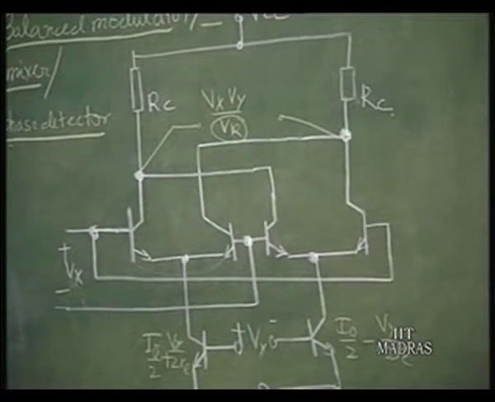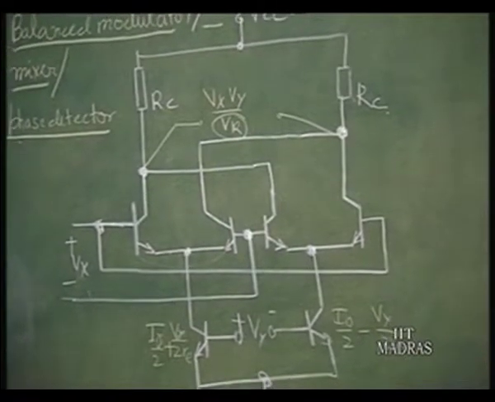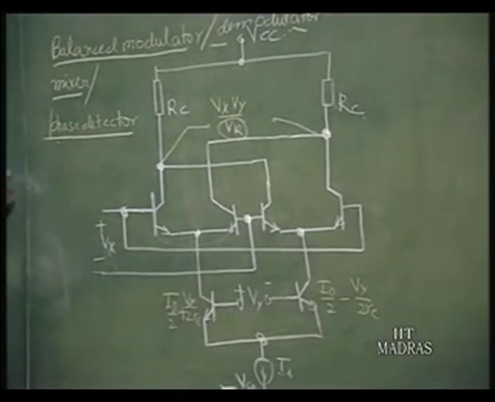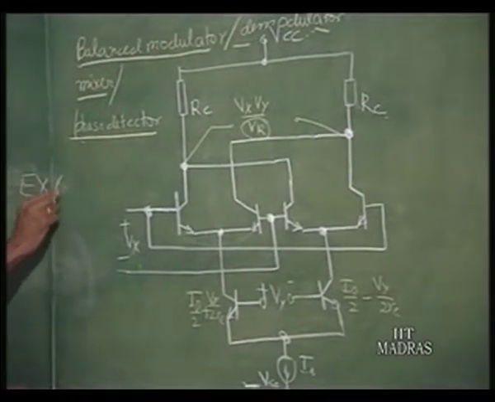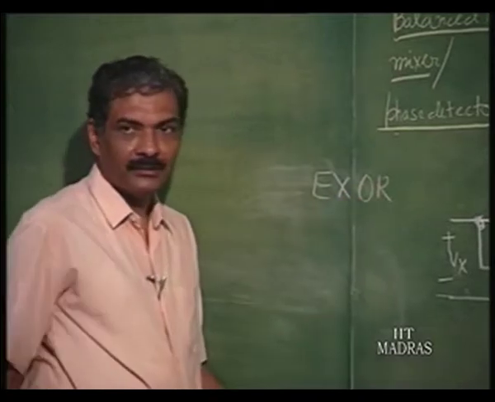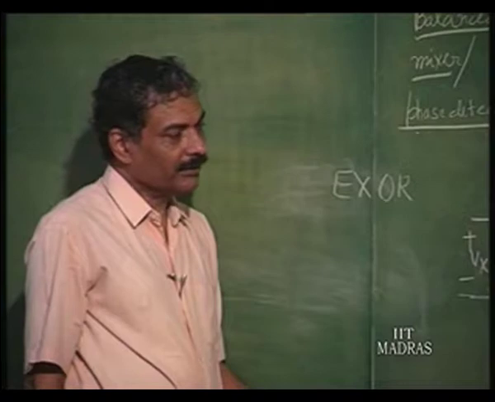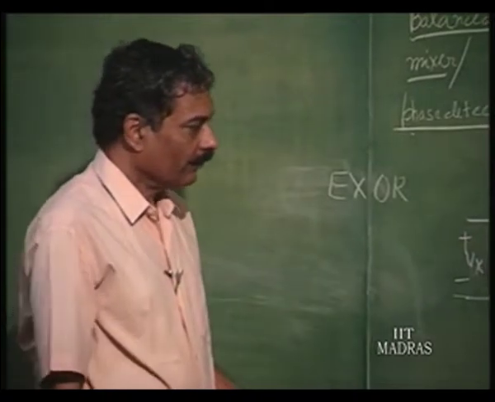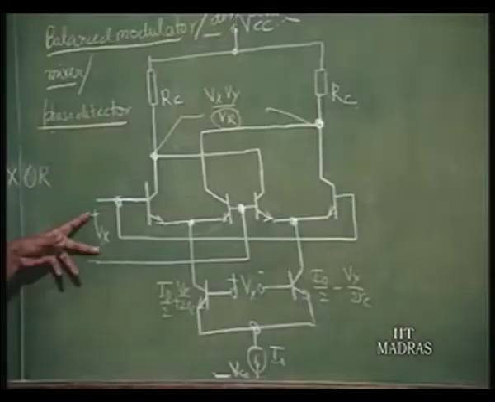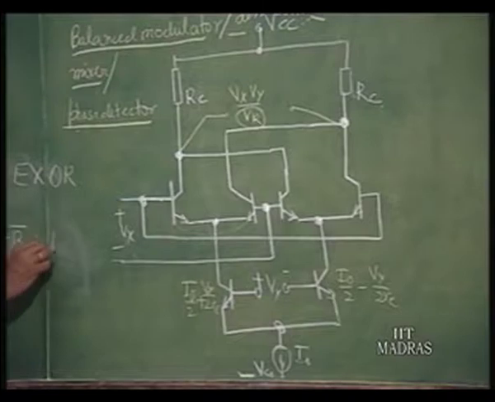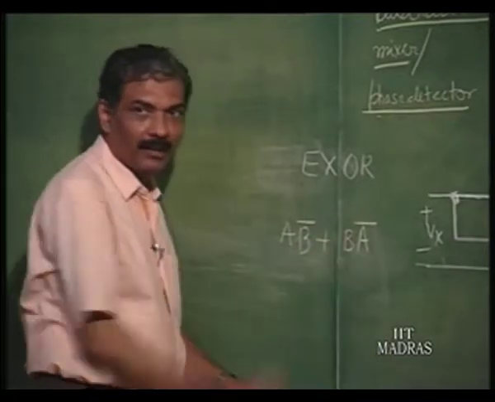Now, this particular circuit is also called the XOR gate, digital, right. That is, when I apply A here and this is B, output will be exclusive OR, A B bar plus B A bar.